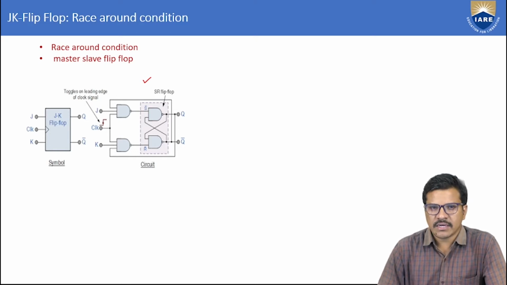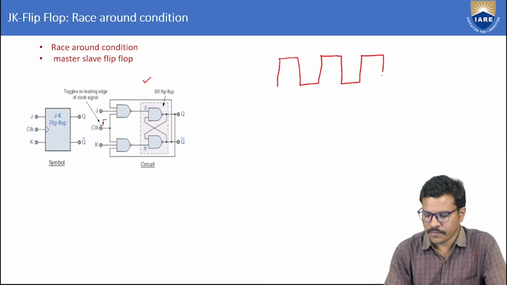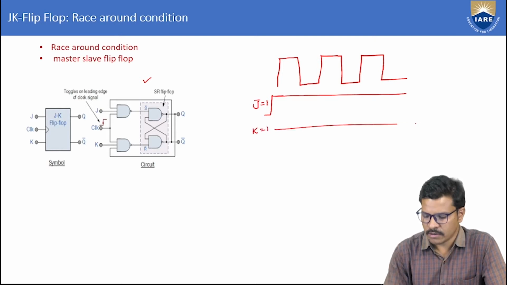If you see the timing diagram for the JK flip-flop, let us take a clock. This is the clock, and J is equal to 1 and K is equal to 1, constantly 1.